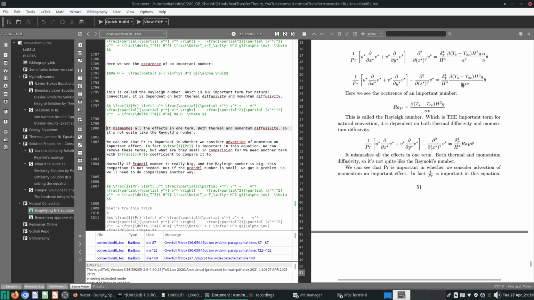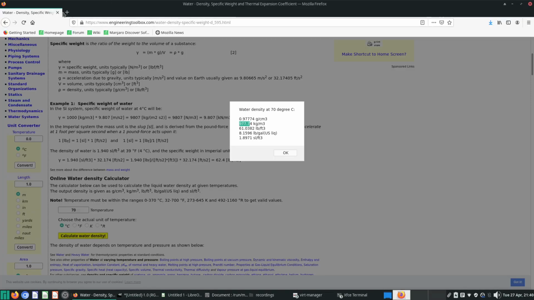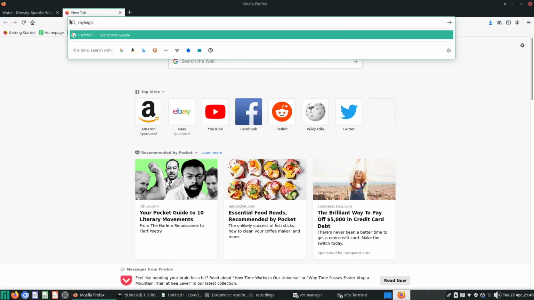Alpha and nu describe, I guess, how quickly the viscous forces and something else. Okay, it's not exactly like the Reynolds number. So let's check out what the Rayleigh number is.